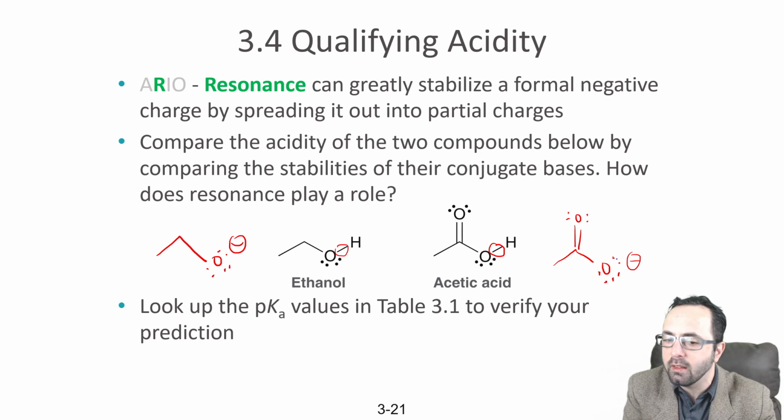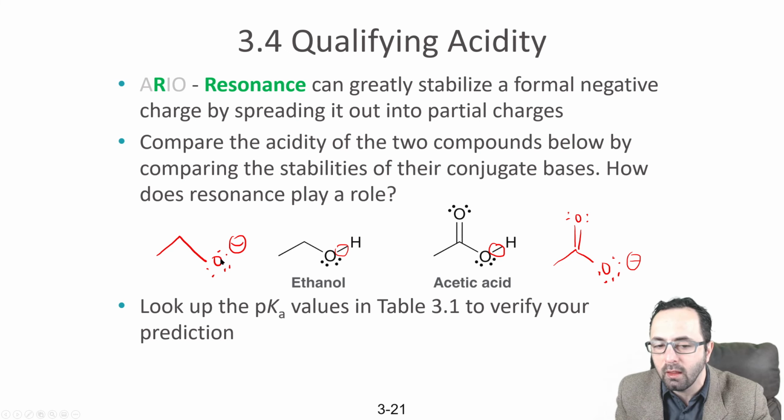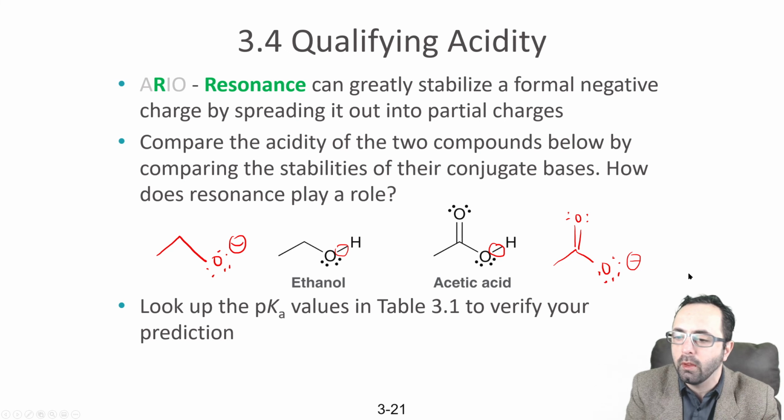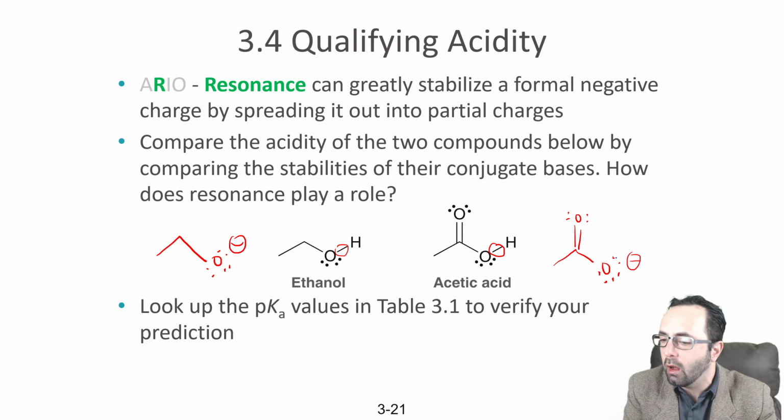The difference is that there is no resonance in the conjugate base of the ethanol. However, in this ion here, there is resonance. So we can go like that, and we can get another resonance form, and that resonance form would look like this.